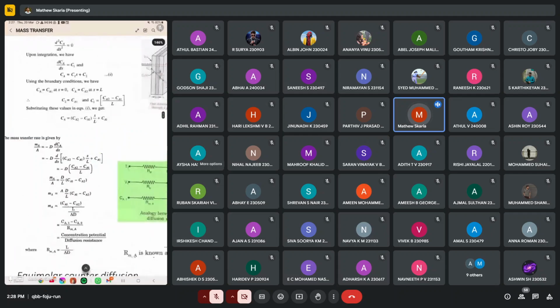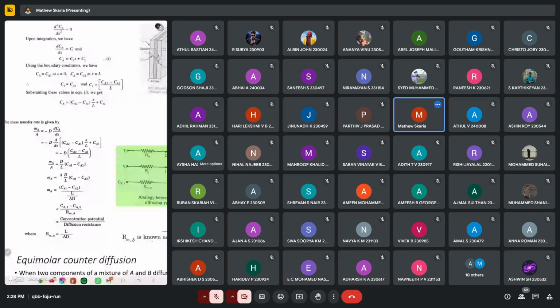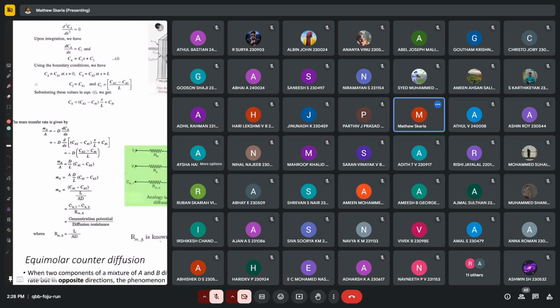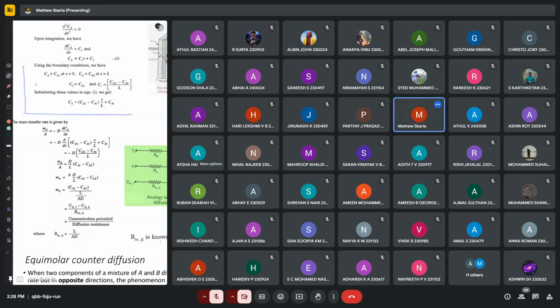The query was like this. Actually, he didn't understand this portion. This calculation is asking about this boundary condition.